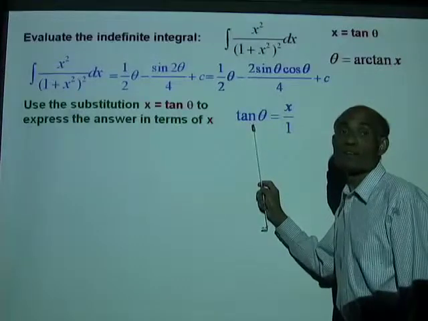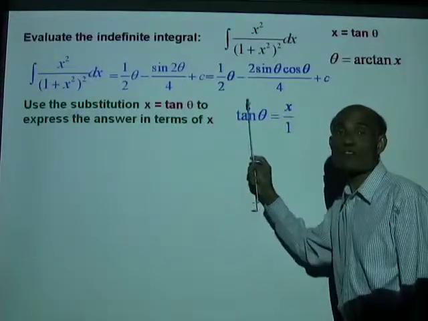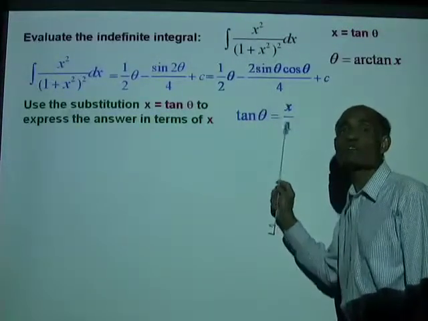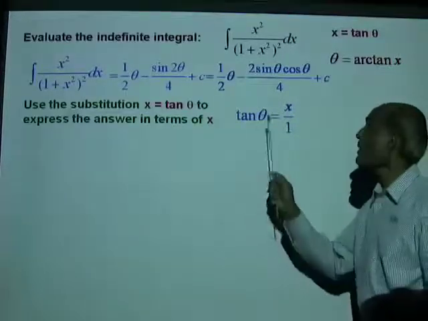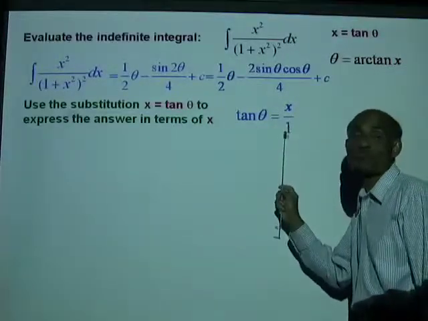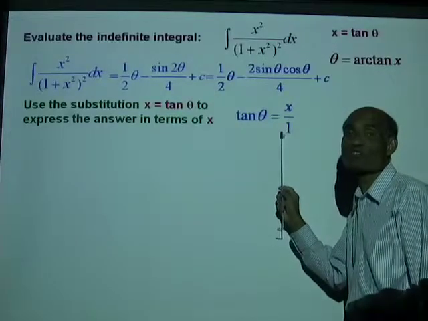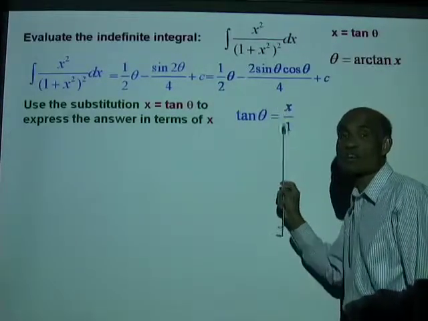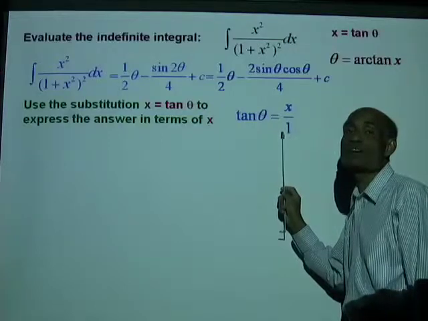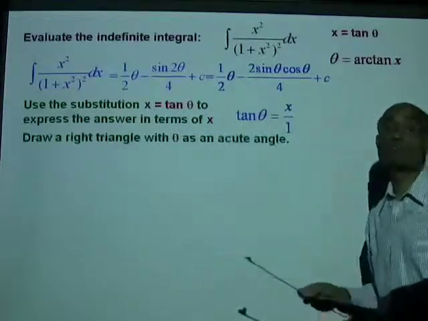And if x equal to tan theta equal to x over 1, opposite side is x, adjacent side is 1. Tan theta is opposite side divided by adjacent side. So we know the opposite side and the adjacent side, therefore what is the hypotenuse?